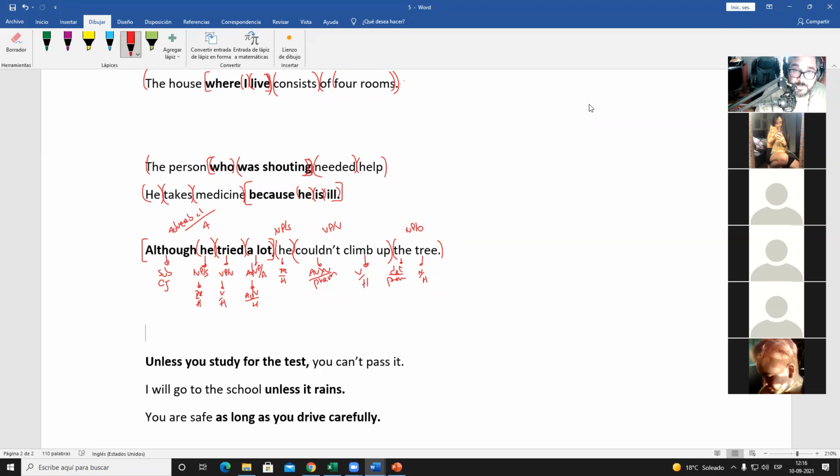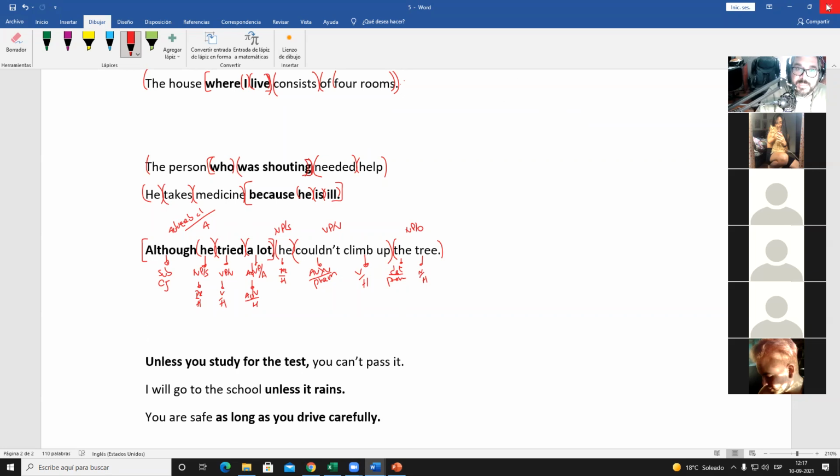Gente, quiero escuchar si tienen dudas de cómo analizar subordinate clauses, dependent clauses. Si no me dicen nada, yo asumo que no hay dudas y estamos. Estamos entonces. Ya, el punto es este.